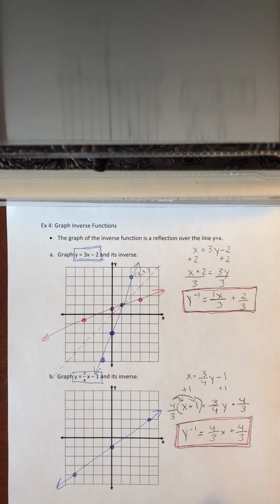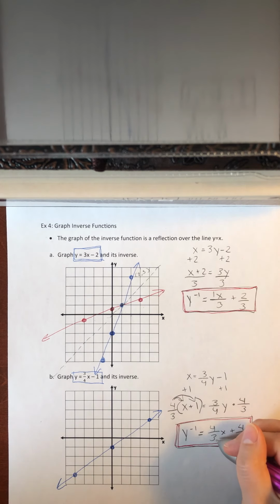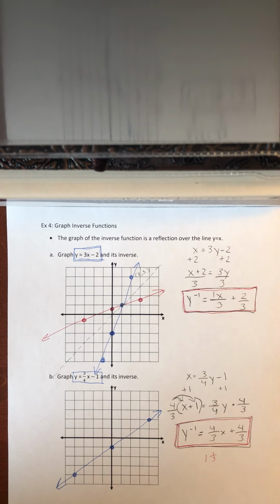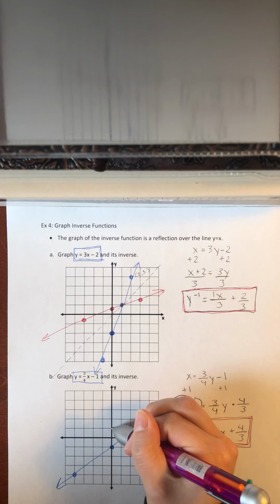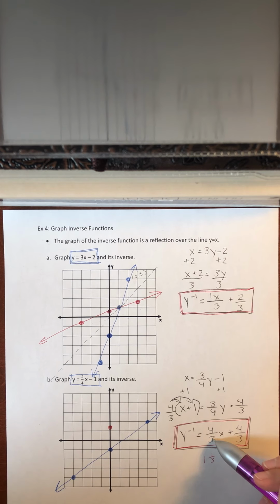Okay, and then for this one, I'm going to graph this in red. We are going to go up 4/3. So 4/3 is 1 1/3, right? Like if I converted that to a mixed fraction, that would be 1 1/3. So 1 1/3 is right about there. So that's my y-intercept. Now I'm going to go up 4 over 3 from there.